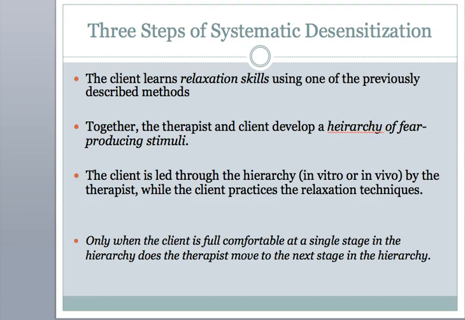And each time it increases in terms of how much anxiety it produces, all the way up to having a dog in the room with me, having a dog sniff me, having a dog jump on me, having a dog jump into my lap, having a dog lick my face, having a dog bark at me. All of those might be really high on my hierarchy. And so we develop this hierarchy of fears together.